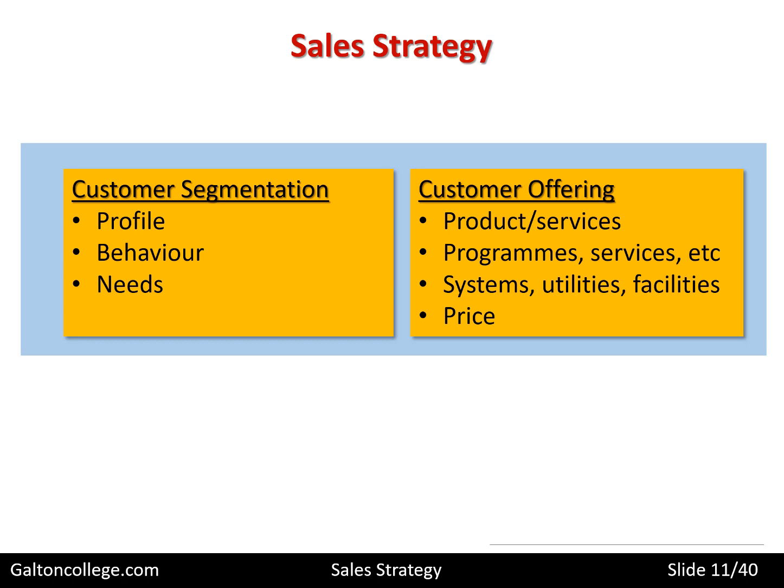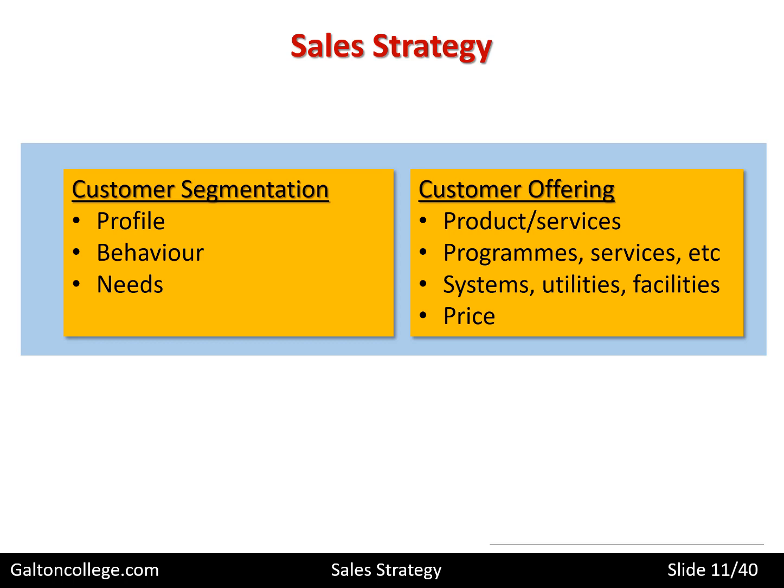And then what systems, what utilities, what facilities are going to be deployed in the delivering of the offering? In other words, how will the company contact the customers? Will it do it through some channel of advertising or direct marketing, or how will it go about it? And finally, the price.